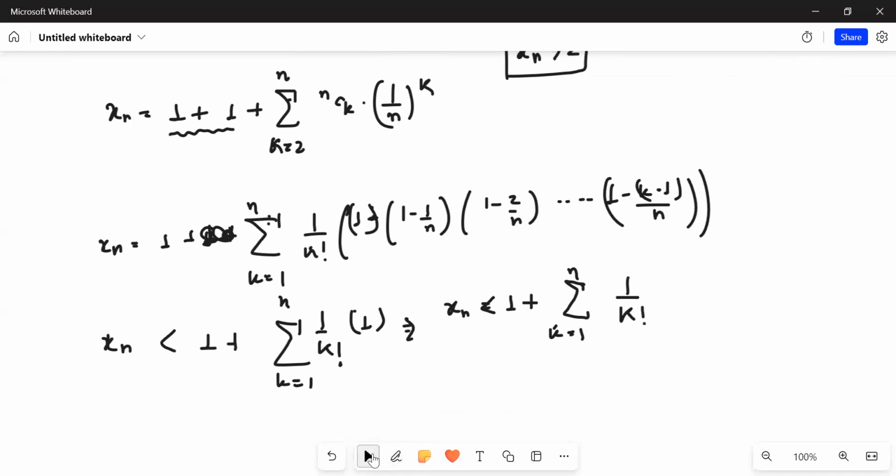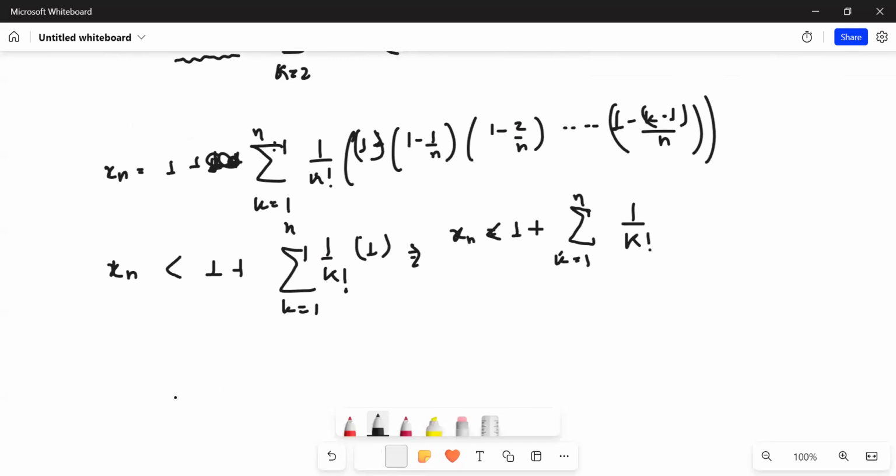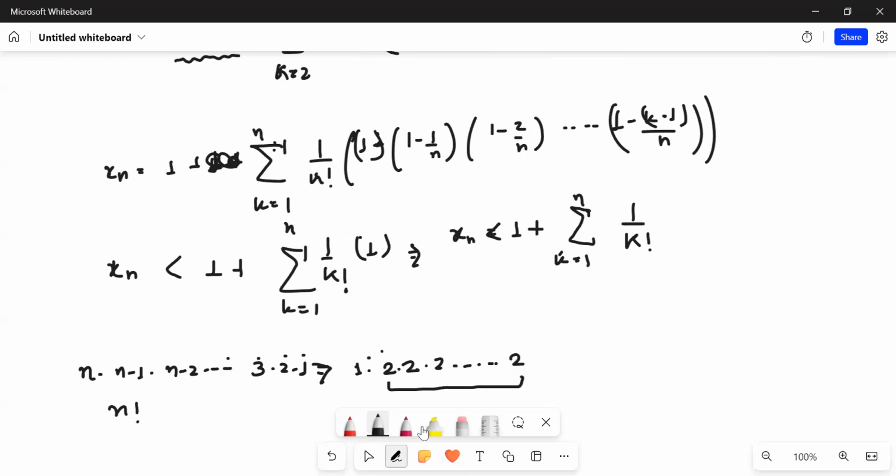Now you see, one of the fundamental inequalities is that if I write n into n minus 1 into n minus 2 and so on down to 3 into 2 into 1, this is n factorial. Obviously, compare 1 with 1, fine, 2 with 2, fine. But if I compare 3 with 2, obviously 2 would be less than 3. If I compare 4 with 2, obviously 4 would be greater than 2, and so on, if I compare it with all these multiplications of 2. So I know that this n factorial is always greater than or equal to 2 raised to power n minus 1.